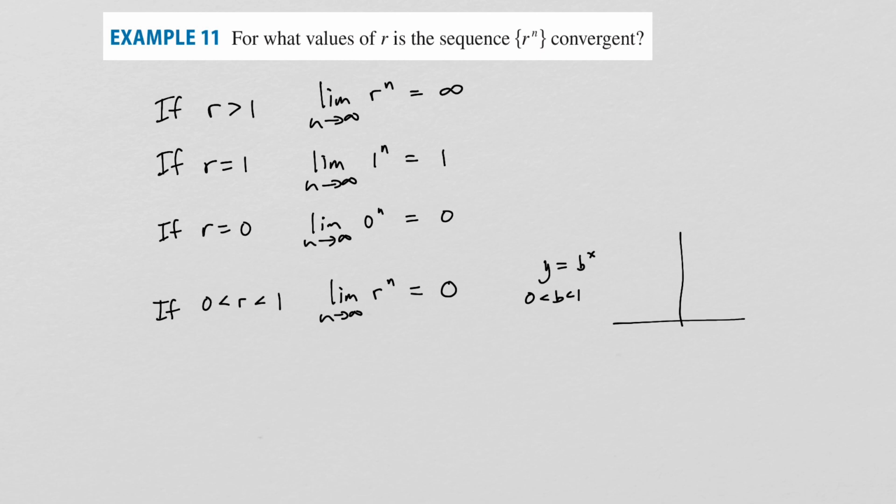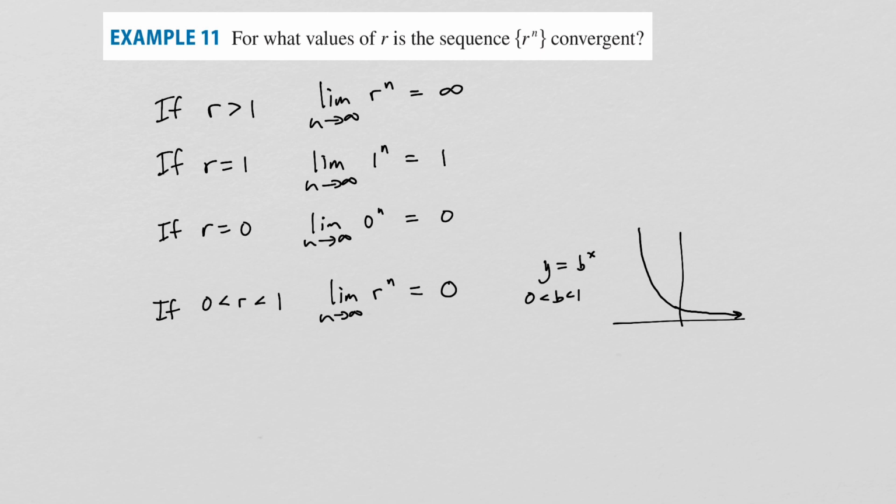We know the graph of this function looks like this. And so it's clear that as we plug in larger and larger values for x, b to the x is approaching 0. Another way to think about this is if you have a number in between 0 and 1, such as 1/2, when you repeatedly multiply a number less than 1 by itself, it gets smaller and smaller.